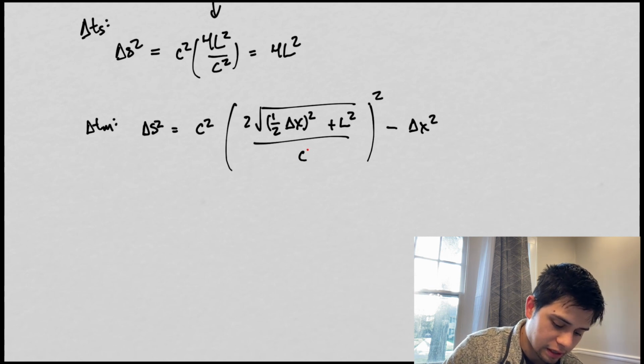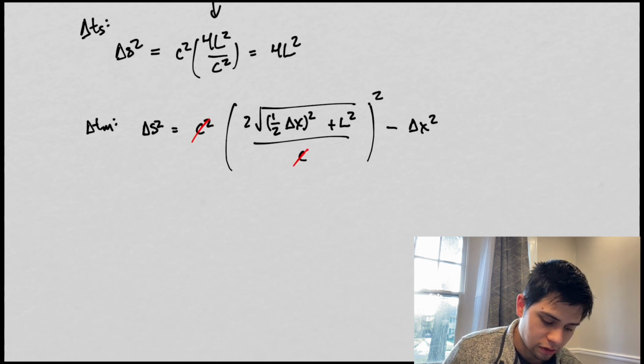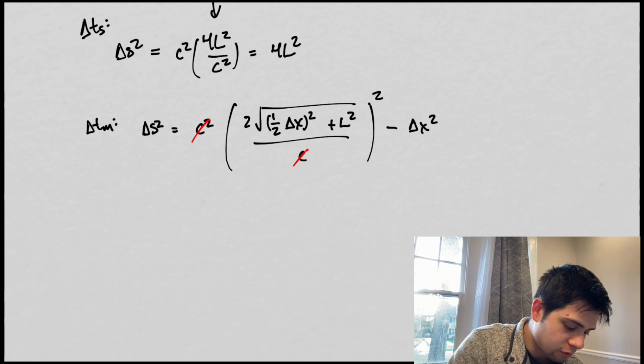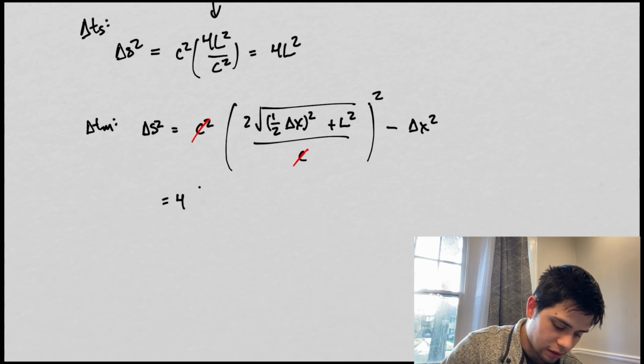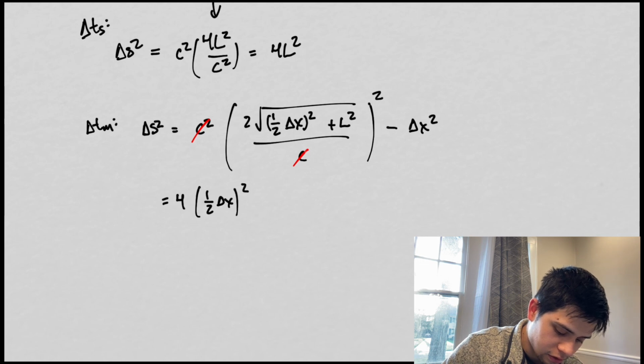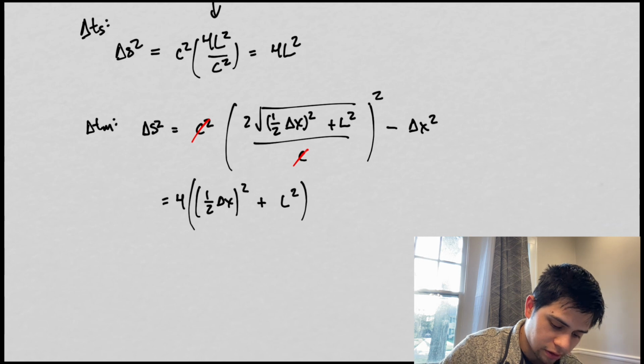So we could see that the C's are going to cancel. We're going to get a 4. This is going to equal 4 times 1/2 delta x squared plus L squared minus delta x squared.